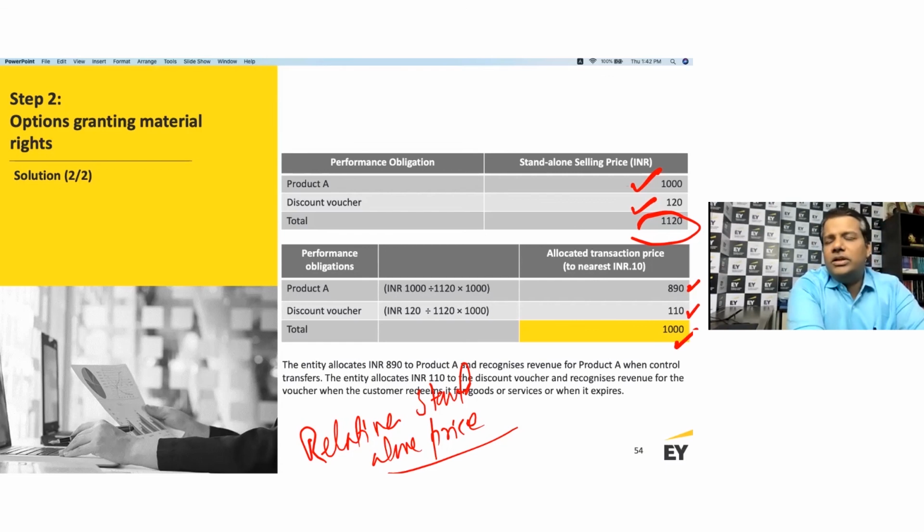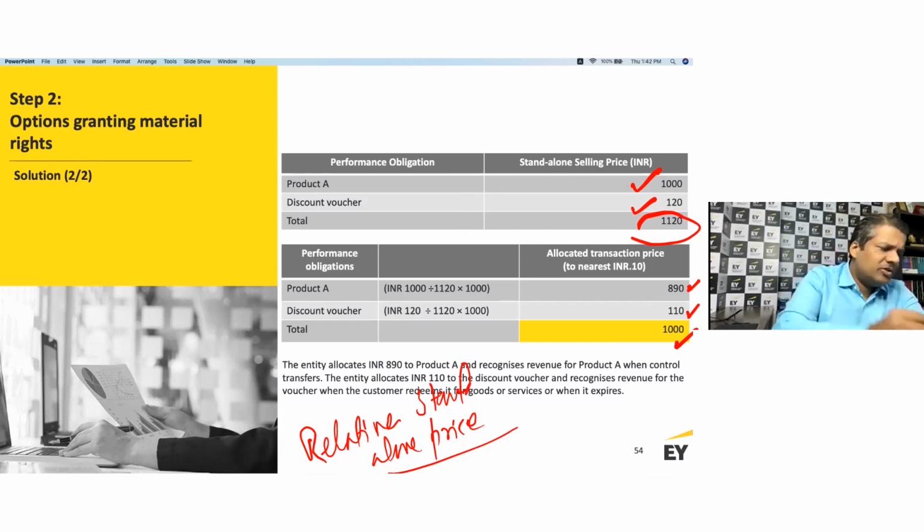So 1,000 is your total. That means if, let's say, you're on 31st of March and you have sold the product, the revenue you will get is only 890. Even though you may have already received 1,000 rupees in your bank account, you won't get revenue of 1,000 rupees. You only get revenue of 890. Why? Because you have also sold a material right to a customer, for which you have yet to fulfill your performance obligations.